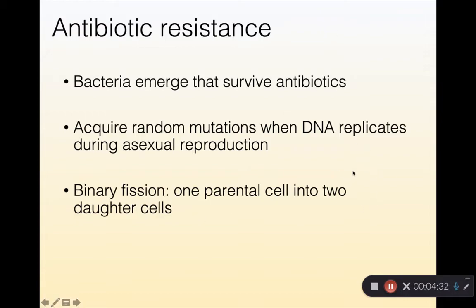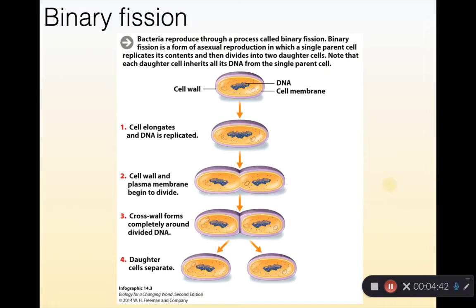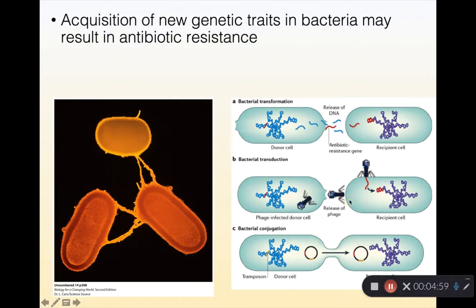And during this process, bacteria can acquire these random mutations, and those random mutations may lead to antibiotic resistance. So this is what binary fission looks like. You can see that your cell wall elongates, the DNA is replicated, and it splits into two daughter cells.